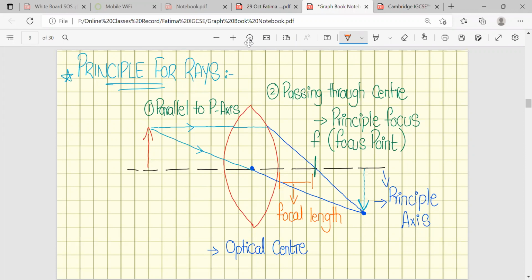It depends upon the orientation of the lens, thickness of the lens, and the size of the lens. Small lenses have low, short focal length, and lenses with greater size and greater density have greater focal length. And you can draw the focal length on both sides, because light can pass through from both sides of the lens, since the lens is completely transparent. So you can pass a ray from the right hand side or from the left hand side, right?